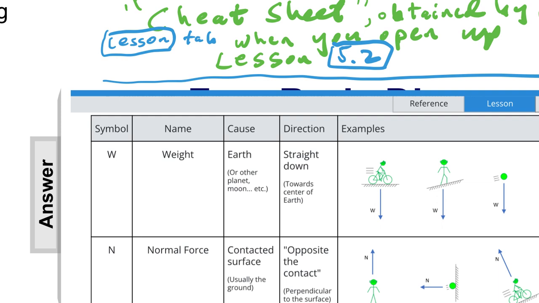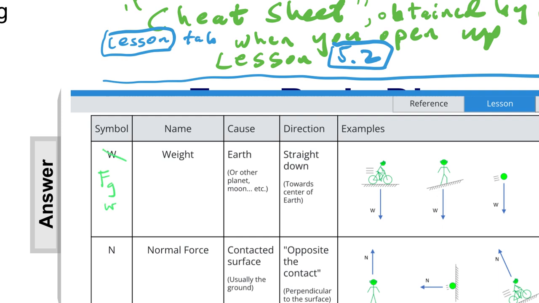Now, really the symbol for weight, if you're in AP Physics, would be F subscript G. And I do lowercase w.